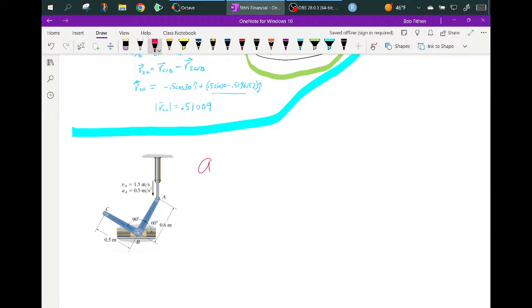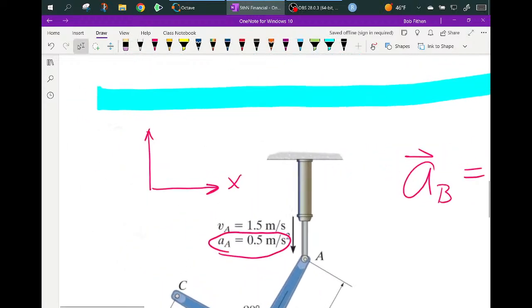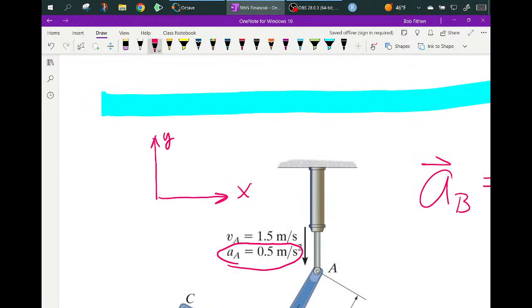So what we'll do is we'll move to finding the acceleration of B is equal to the acceleration B relative to A plus the acceleration of A. Acceleration of A is given here. Since we're using the vector equations, we're going to have to stick to this nomenclature here.